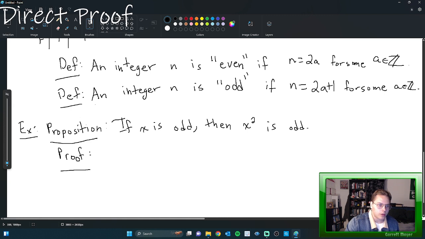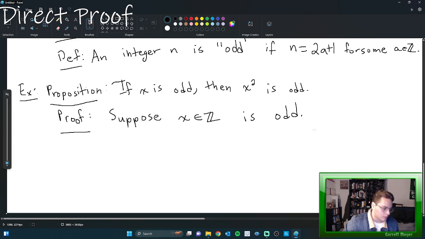So what we start with, we're going to suppose x, an integer, is odd. Then x equals 2a, or sorry, 2a plus 1 for some a in the set of all integers.